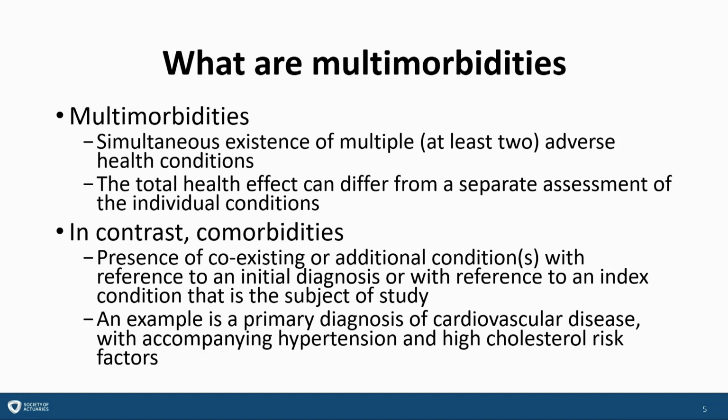An example is a study of, let's say, cardiovascular disease with accompanying hypertension or high cholesterol risk. When you have just one of these, or let's say the study of cardiovascular without hypertension, the mortality implications can be different when you have these multiple conditions.